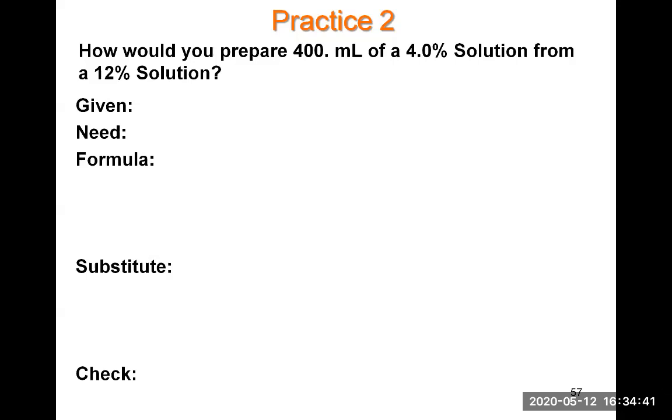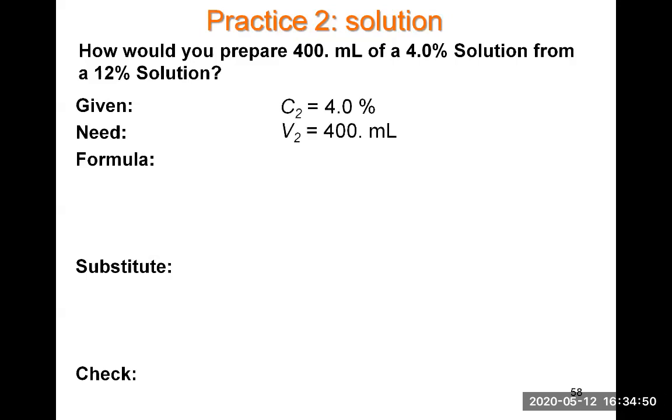So that's going to be with the subscript 2. So 400 milliliters is V2, and 4% is C2, right? That's the concentration of the end product, what you want to have at the end, the diluted solution. And you're doing that from a 12% solution.